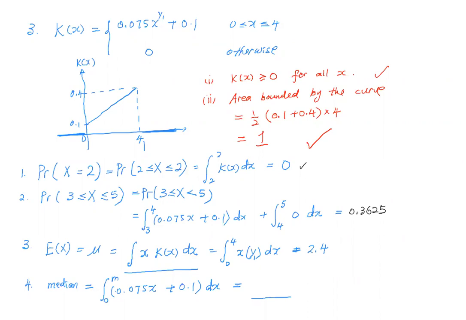Hey, median, 50% more than that, 50% less than that. So what must be the sum of the probability from 0 to the median? If here is the median, what must this area be? 0.5. Yes. Why are you all so scared to tell me that?